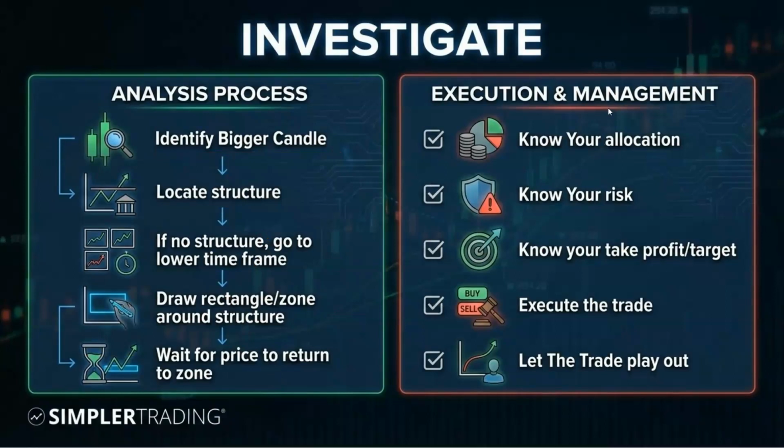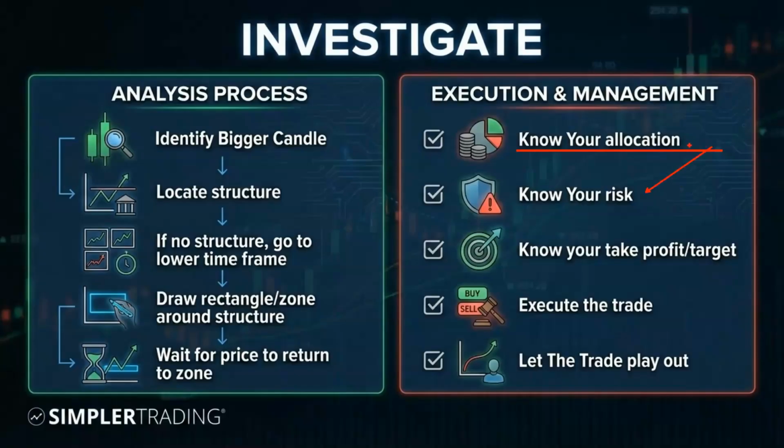Execution and management. Know your allocation before price gets to that zone. How much money am I going to put on this trade? These are all things that supply and demand allows you to see before it happens. You should not be rushing to figure these things out because, as we've shown you, you can identify these before price gets there. Know your risk.